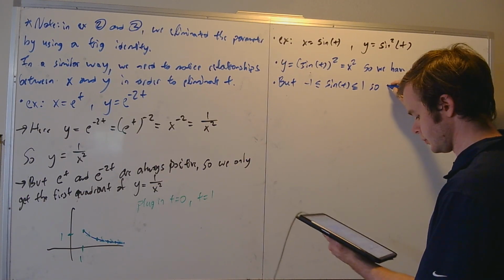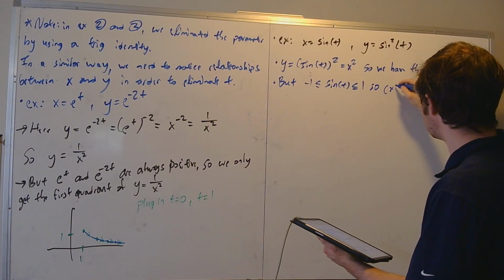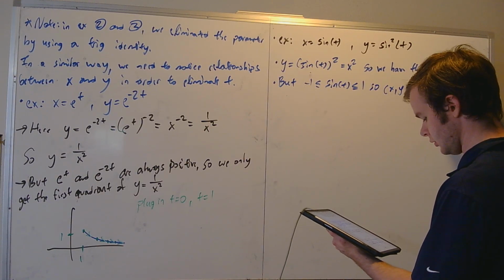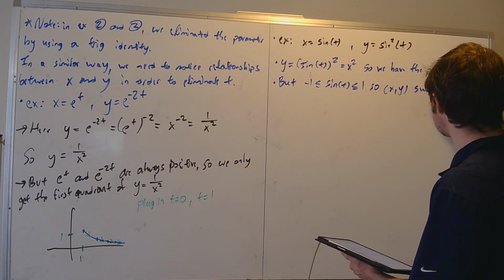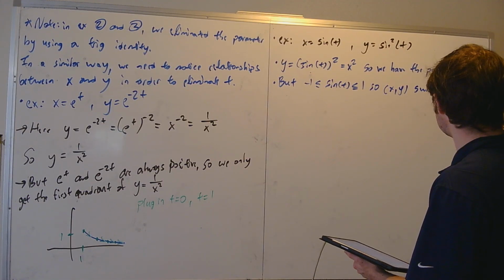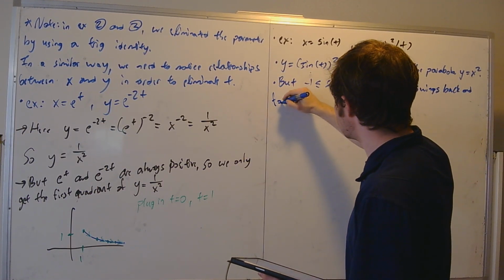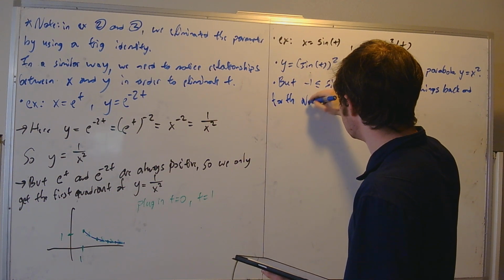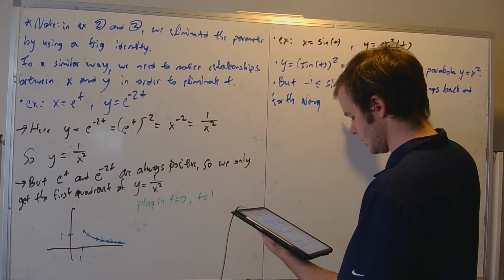So the point (x, y) swings back and forth along the curve.